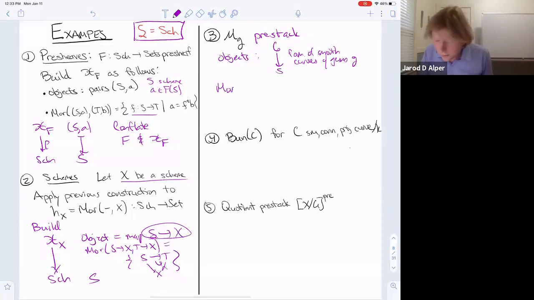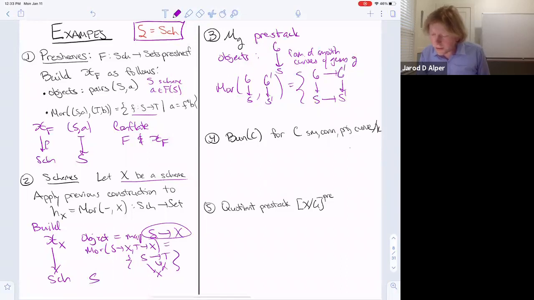And then you declare that a morphism from C to S to some C prime to S prime is the data of, first, a morphism S to S prime, but you should also have a morphism from C to C prime. And not only should this commute, but this is Cartesian. So you're declaring that this is Cartesian as part of the data.